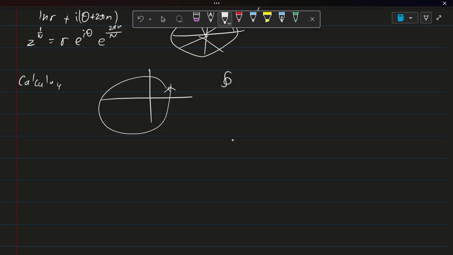The circle here corresponds to an integral over the entire region. It's going to be the integral of f(z) dz, right? But you could substitute your values in.